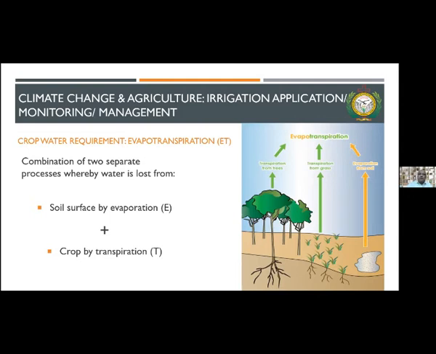This is one of the most important and critical parameters in crop production. Apart from your fertilizers, nutrients, and other practices, first and foremost is proper irrigation. And irrigation will depend on the amount of ET, or evapotranspiration.